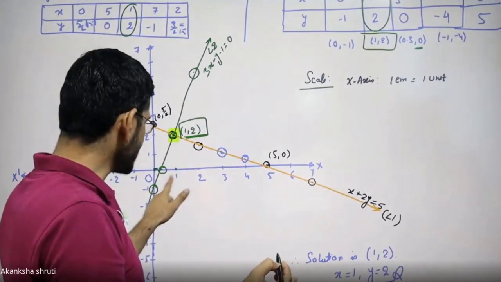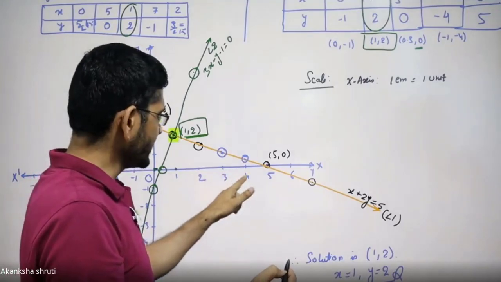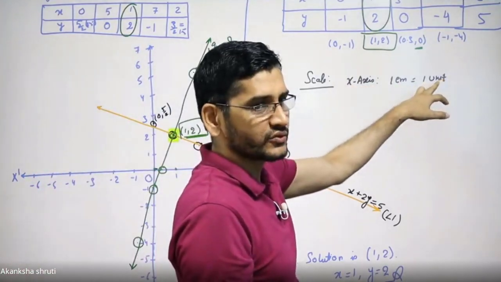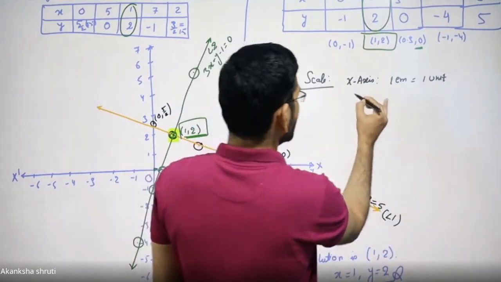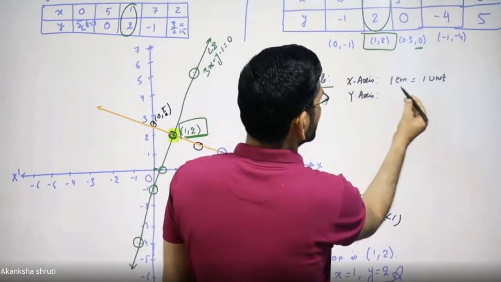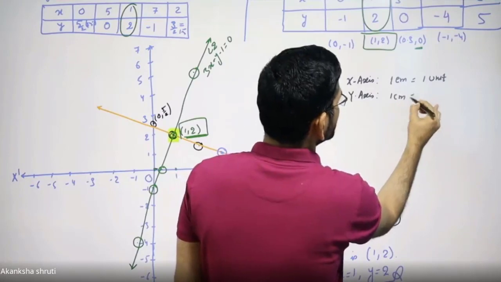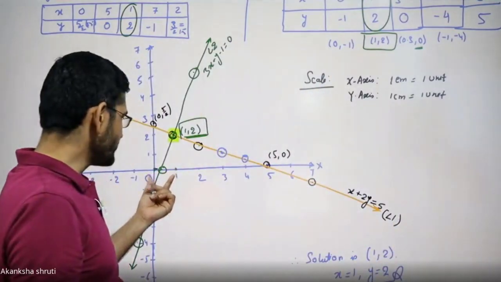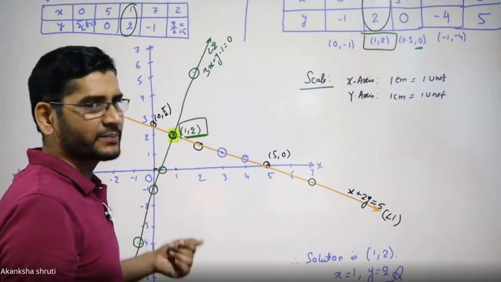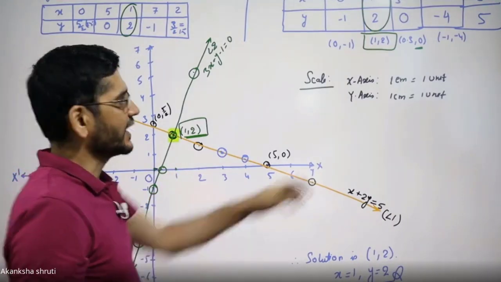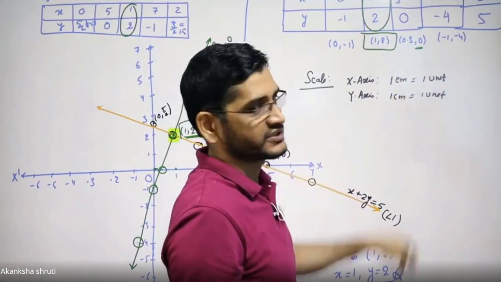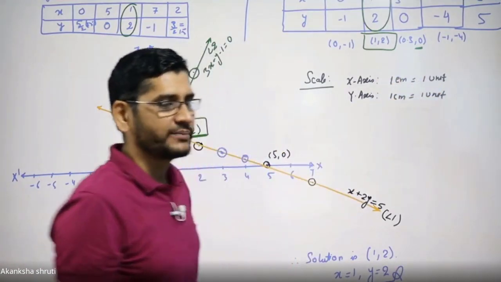We need to place directly 2 here, 4 here, 6 here, 8 here. At that time, you will write 1 centimeter is equal to 2 units. Similarly, for the y-axis, here also 1 centimeter is equal to 1 unit. It may be possible to take bigger numbers. For that, at 1 centimeter, we are placing 3, 4, 5. That we need to put. So always keep this as 1 centimeter. On the right-hand side, you need to change the scale value to what you have taken.